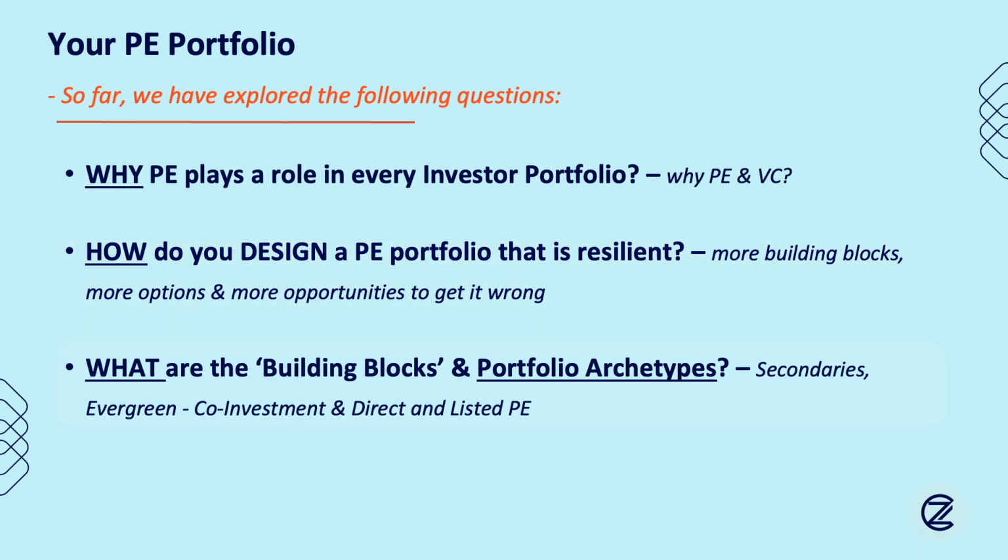And finally, what are those building blocks actually? So really understand the granularity for secondaries, evergreen, and so on. And in the last talk, I told you about 3 portfolio archetypes, like examples on how portfolios can be built, just to give you a little bit of inspiration, if you like.